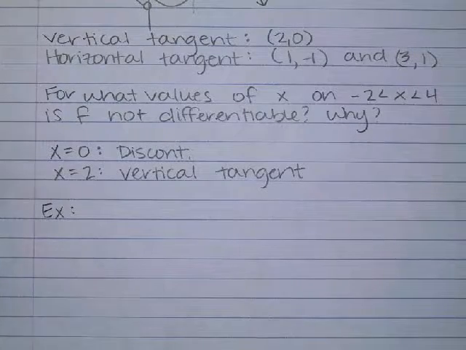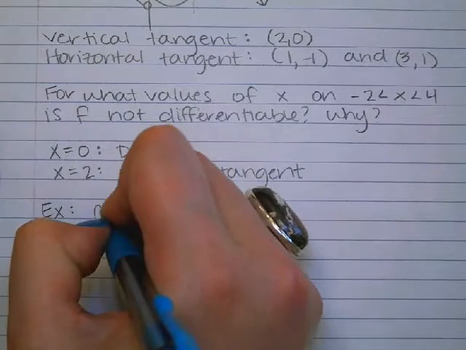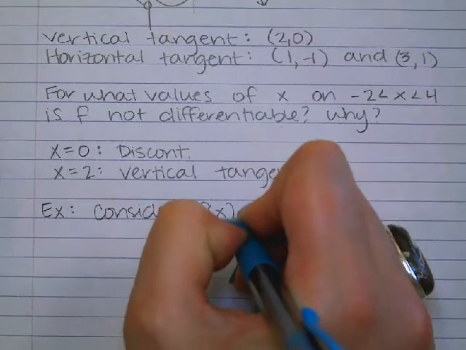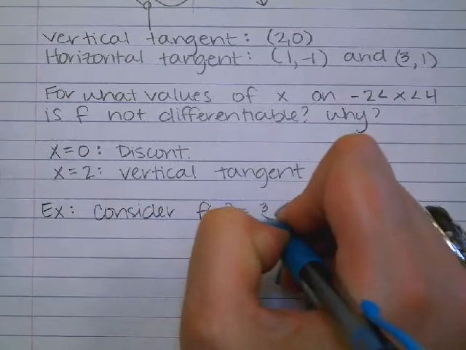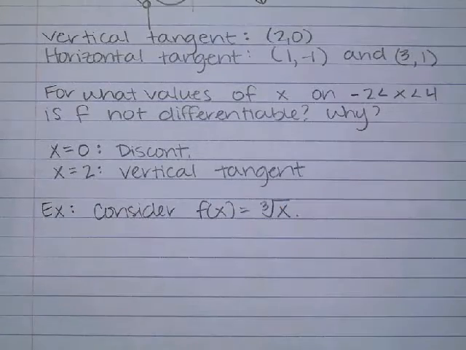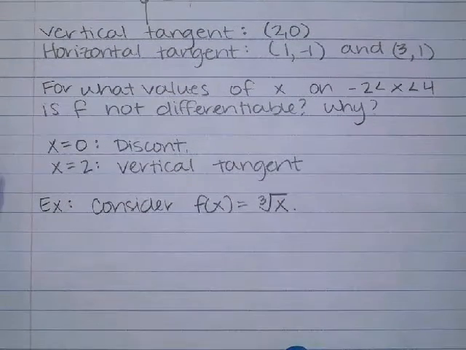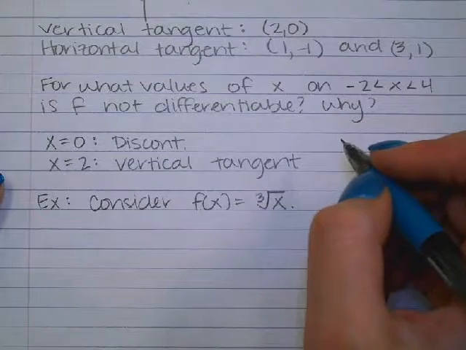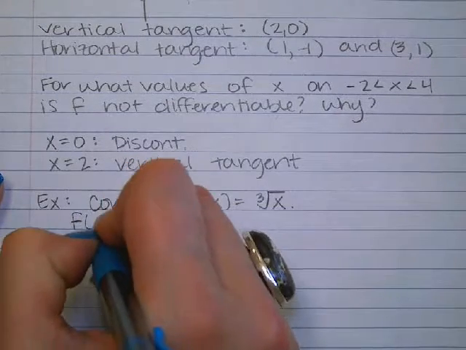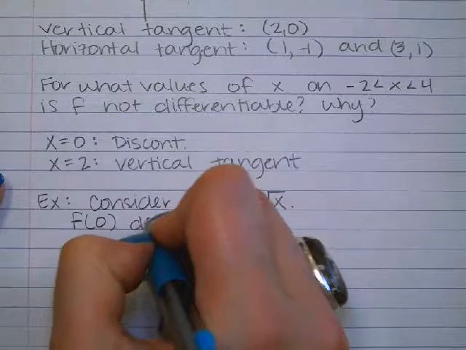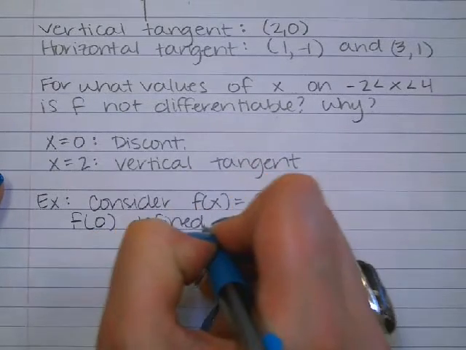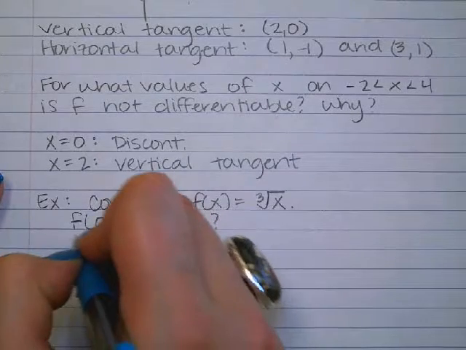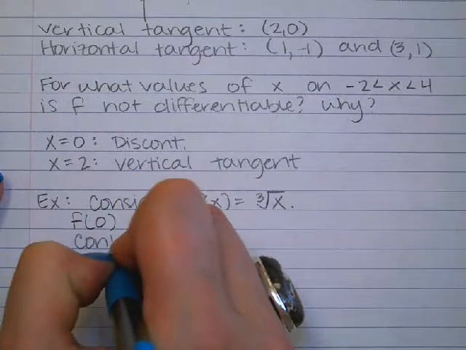All right, so for this one, we're going to consider f of x equals cube root of x. So we're going to ask ourselves, is f of 0 defined? Is f of 0, or is the graph continuous at f of 0?